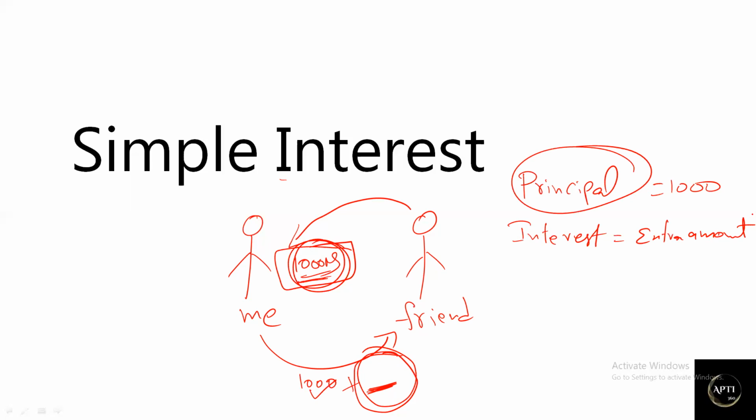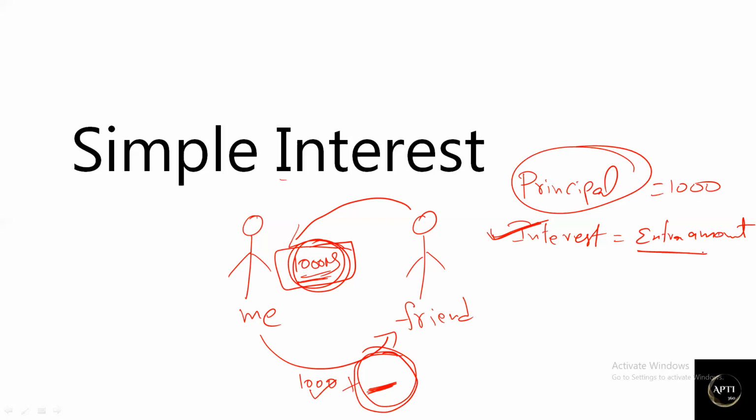But there is one more term involved, which is how much extra amount I need to give. For 1,000 rupees, either I have to give 100 rupees, or 200 rupees, or 500 rupees extra. Remember, this is very important.